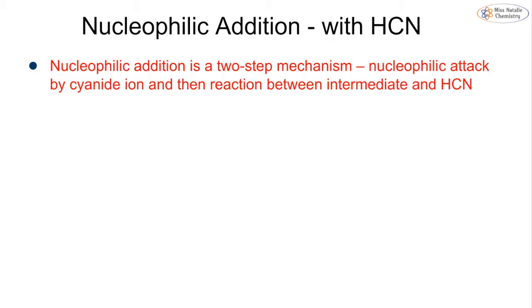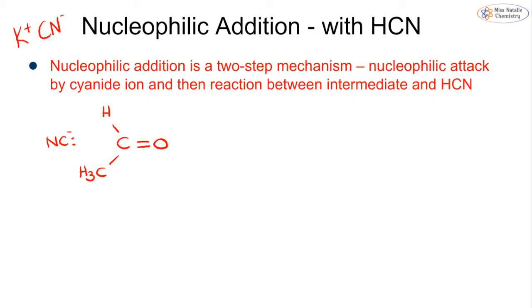Now, in terms of the mechanism that we have to know, it is a two-step mechanism. The first is the nucleophilic attack by a cyanide ion, and then we get a reaction from the intermediate. If we just take a very basic carbonyl compound, so we have the C=O, and in this case with a hydrogen, I'm going to have it as ethanal. The ethanal is attacked by the lone pair that is present on the CN, which comes from the K+ CN-.